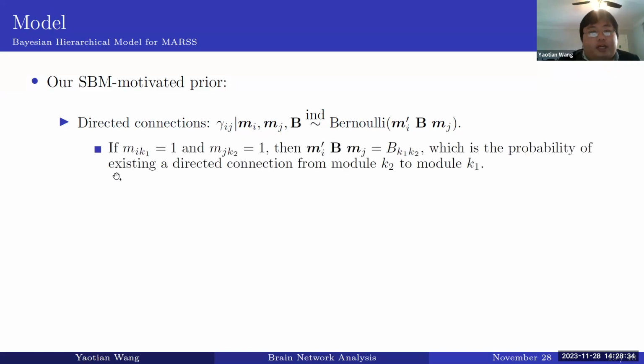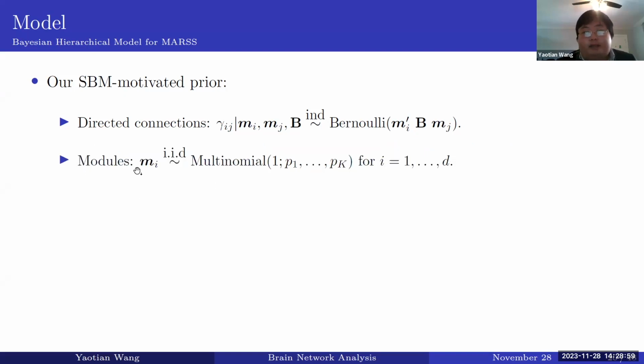For example, if Mik1 equals 1 and Mjk2 equals 1, this indicates region i falls into module K1 and region j falls into module K2, then the Bernoulli probability is Bk1,k2, which is the prior probability of a non-zero directed connection from module K2 to module K1. And for the module labels, we let them be IID with a multinomial distribution. For the parameter of the multinomial distribution, we let them follow a Dirichlet distribution.